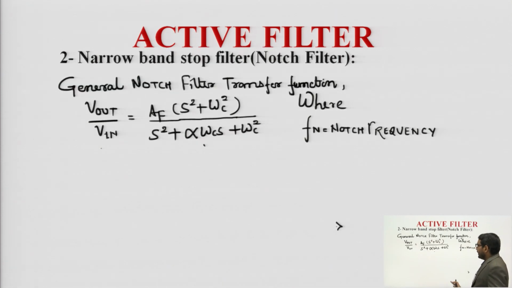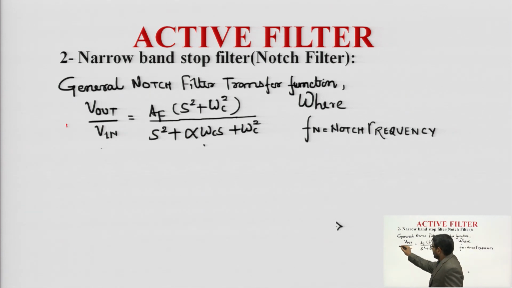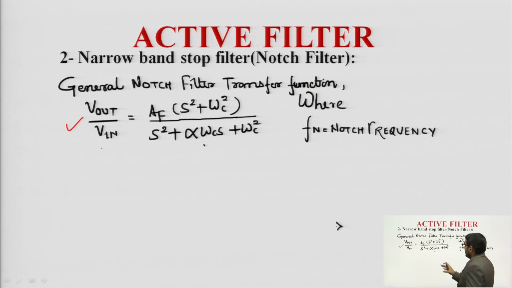Okay. Now, consider the generalized transfer function of a notch filter. Here we write the generalized function as A F into S square plus omega C square, divided by S square plus alpha omega C S plus omega C square.